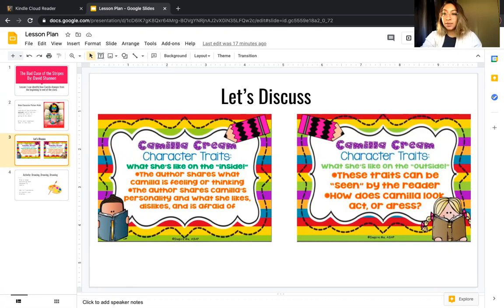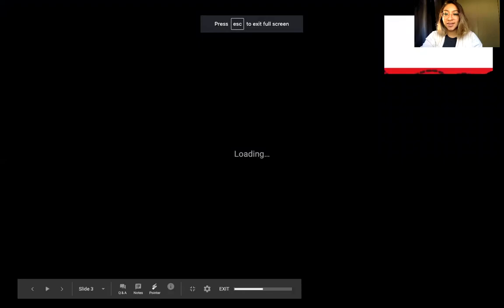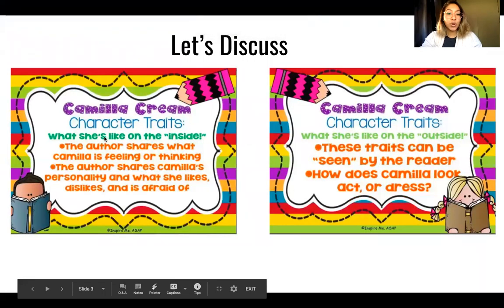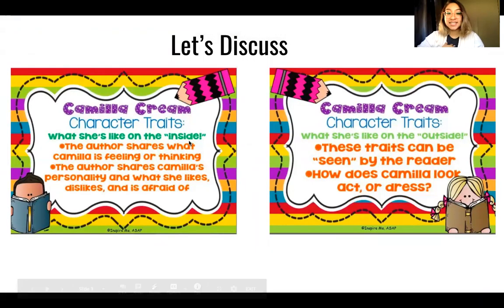Let's actually make it big for everybody to see in our whole screen. So it says what she is like on the inside. The author shares what Camila is feeling and thinking. The author shares Camila's personality and what she likes, dislikes, and is afraid of. Sorry, tongue twister.